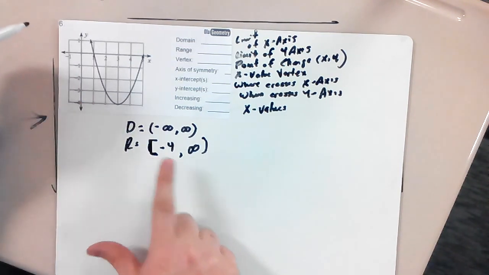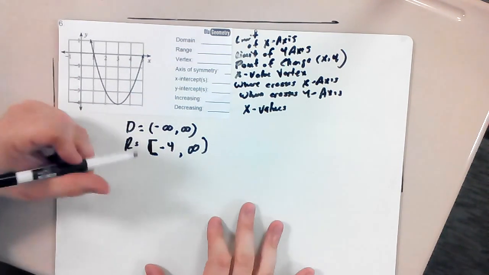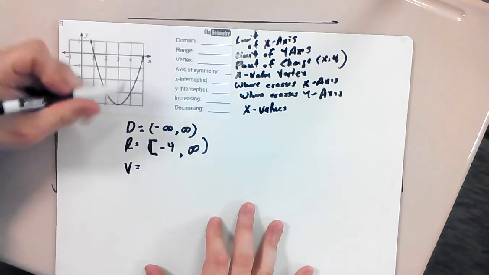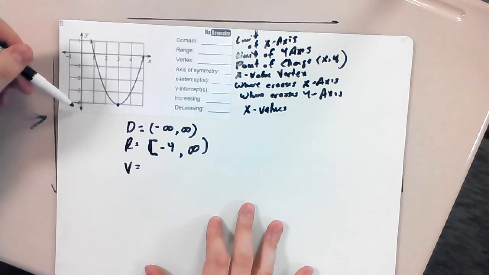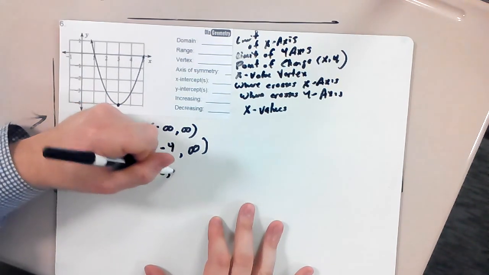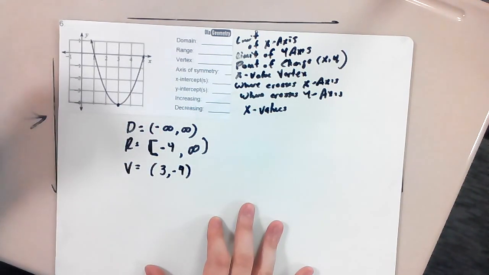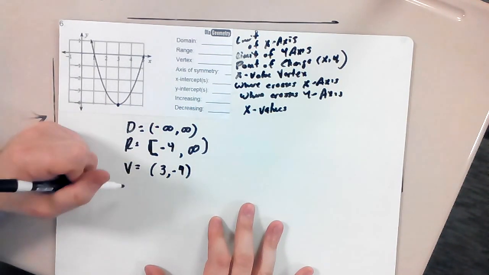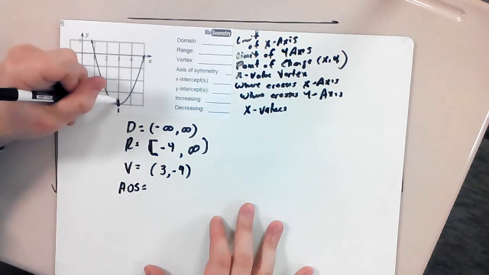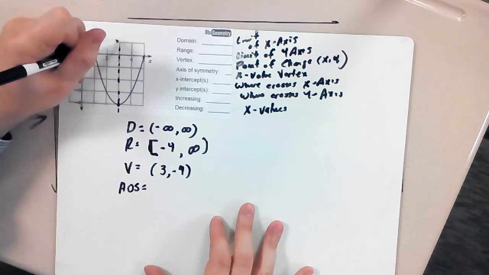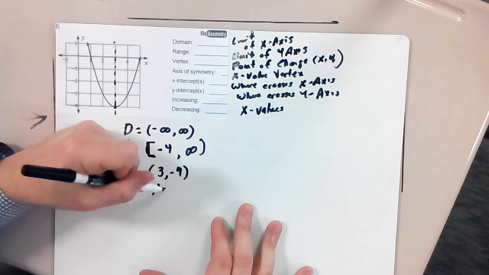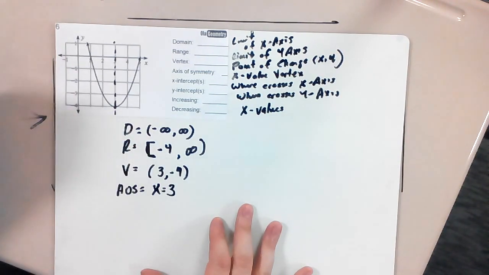That bracket there says it's included. All right, the vertex is this point right here, and that is (3, -4). The axis of symmetry, or AOS, goes up this way, and we just went over x equals 3. It is a vertical line, so we're going to label it x equals 3.